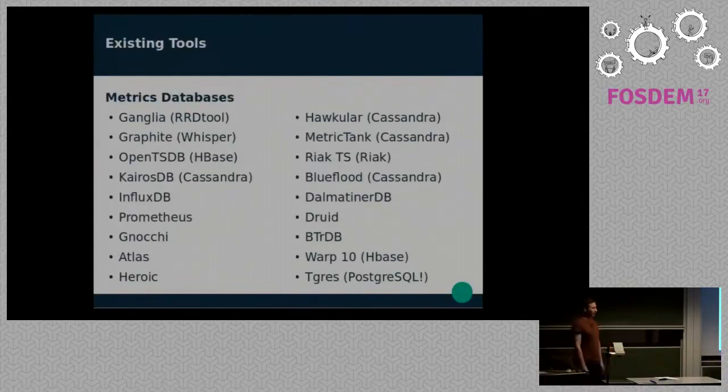I've listed about 20 there of time series metrics databases, and there are more I haven't listed here. And they're not insignificant projects either. Notice at the bottom there is one that actually uses PostgreSQL to store its data, which I thought was worth mentioning.